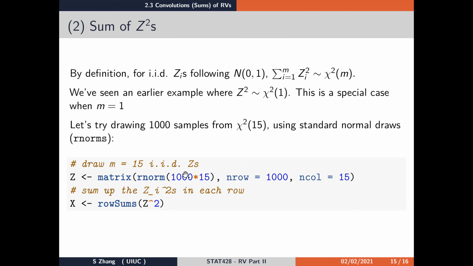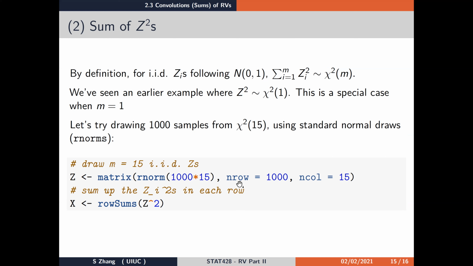And each of these entries here is going to be a random draw from the standard normal distribution because we didn't specify any mu or sigma, so mean and SD over here. By default, it will assume mean of 0 and SD of 1. So each of the 1000 rows, again, corresponds to the 15 Z draws that we have obtained.